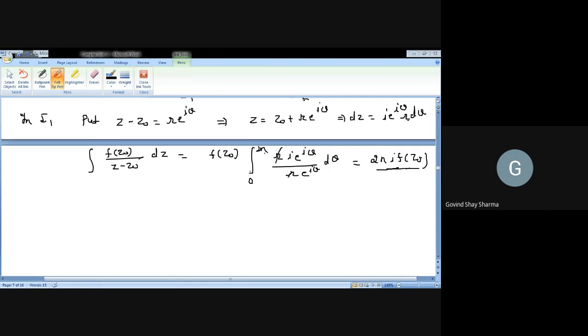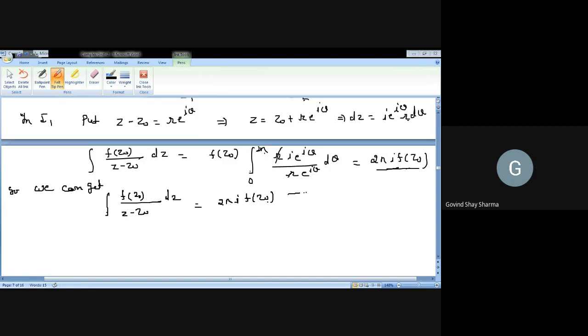So we can say the integral of f(z0) upon z minus z0 dz is equal to 2 pi iota f(z0). This is our value.